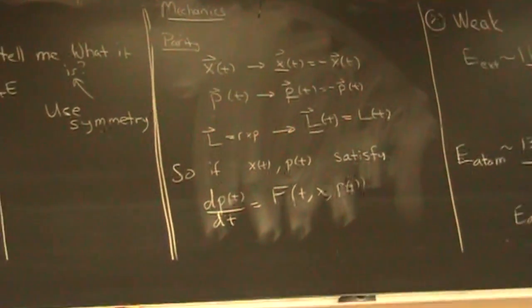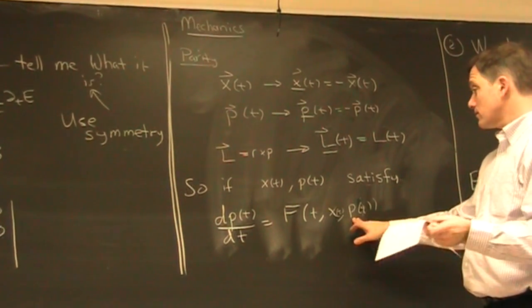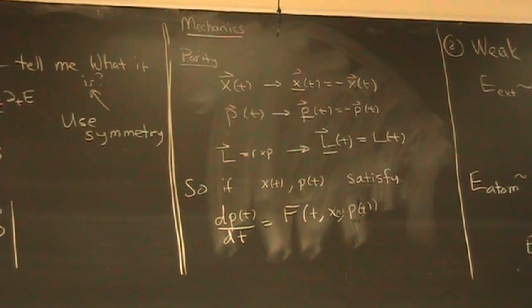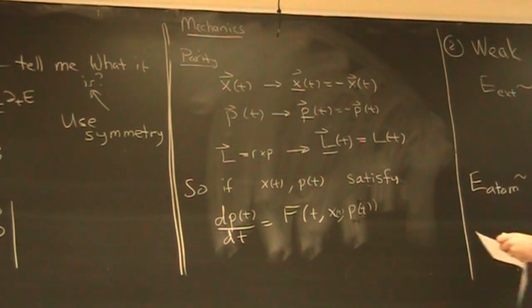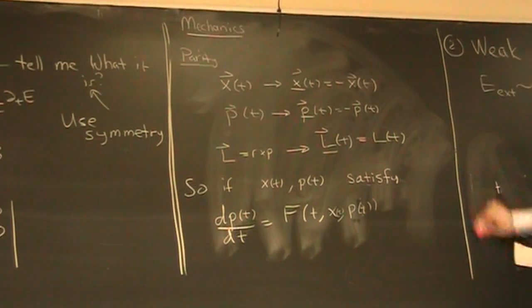So let's assume that x of t and p of t satisfy this, and if it's a solution, then x bar and p bar are also solutions.